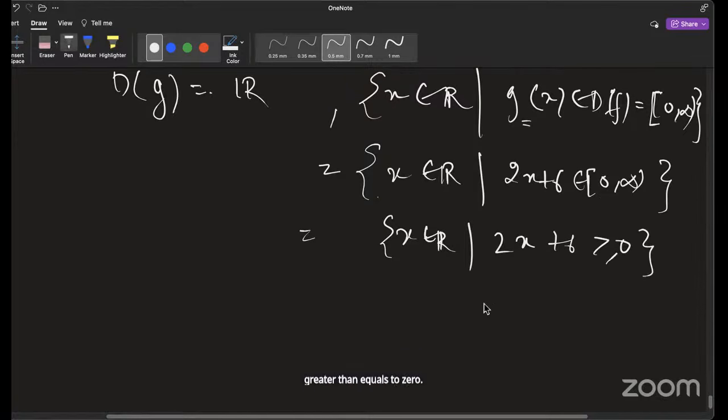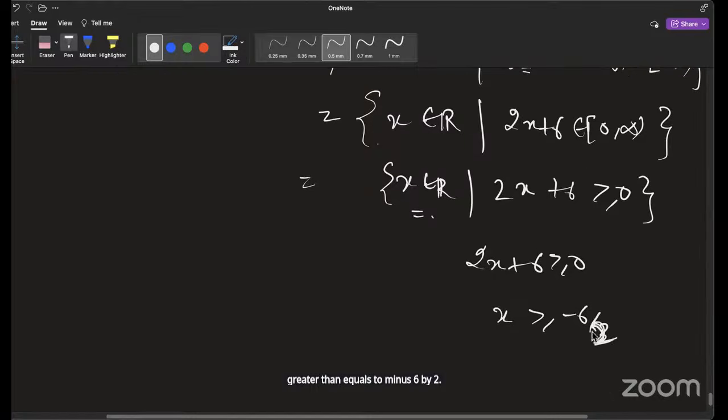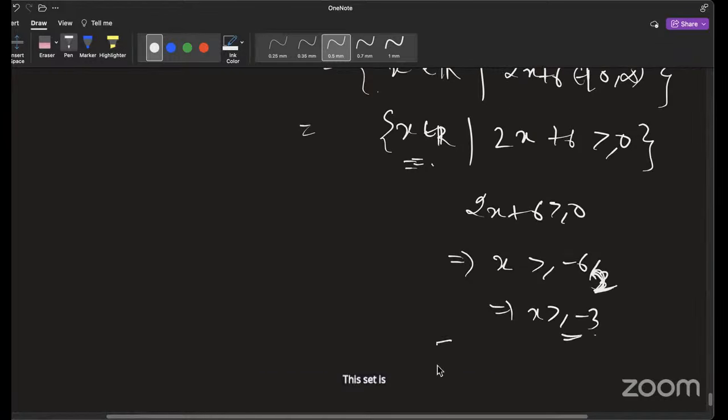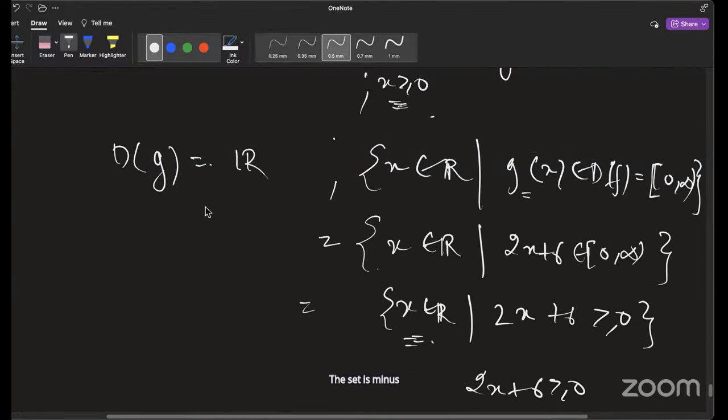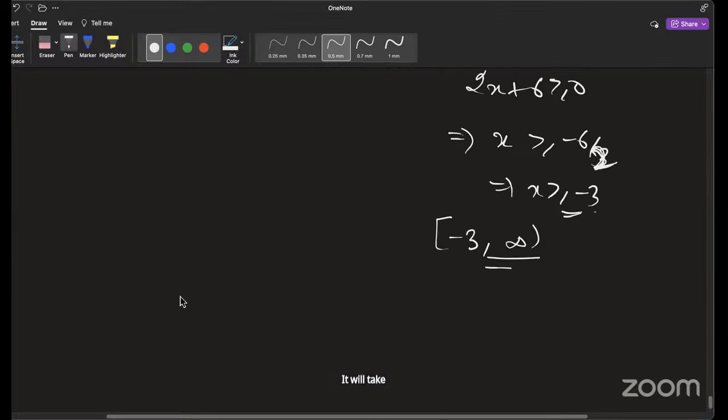So just solve for x: if 2x plus 6 is greater than or equal to 0, x should be greater than or equal to minus 6 by 2, that is minus 3. So this set is minus 3 to infinity. The domain of G was R. If you take the intersection, you're going to get minus 3 to infinity, right? So the domain of the composition should be this.